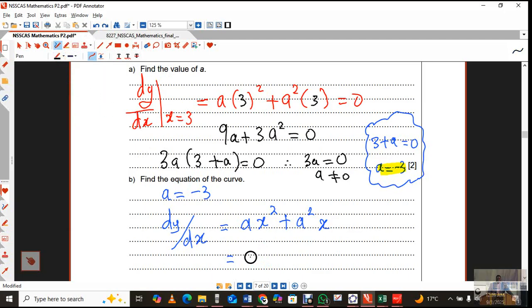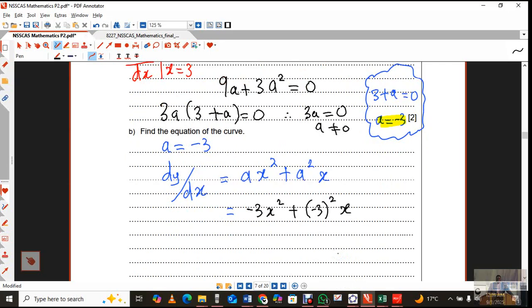So we know our a is negative 3x squared, and then plus negative 3 squared x. So the derivative here, dy/dx, is minus 3x squared plus 9x. That's what the derivative is. So dy/dx is equal to that.